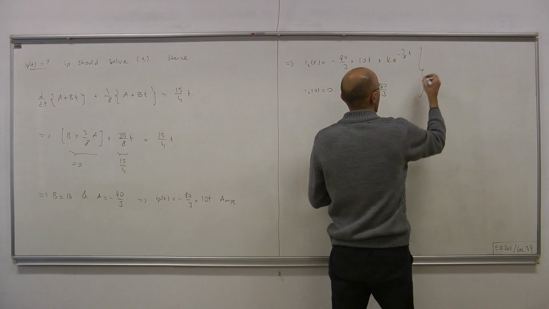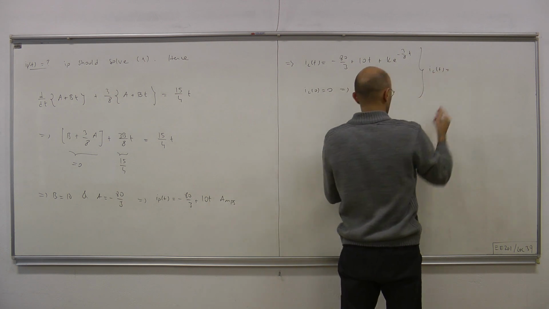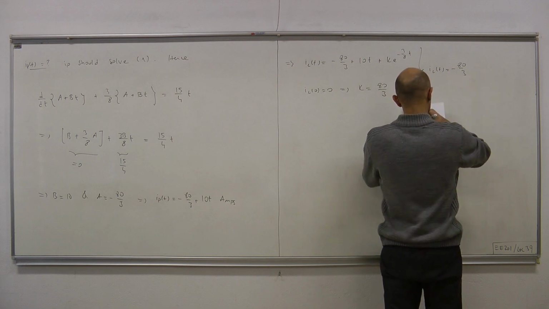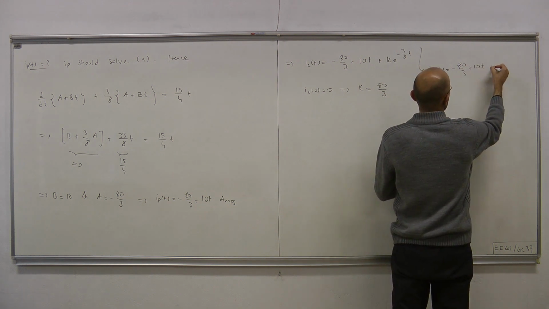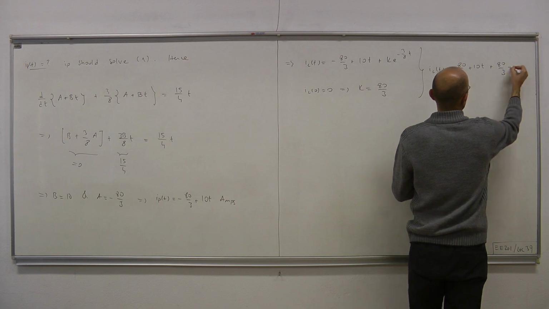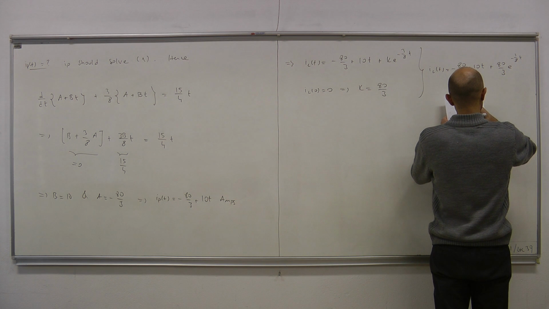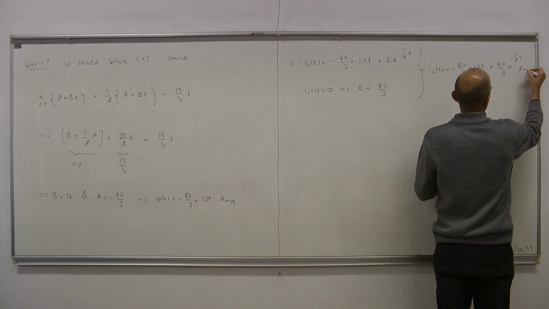Therefore, we now know i_L(t) completely. Minus 80 over 3 plus 10t plus 80 over 3 e to the minus 3/8 t amps.